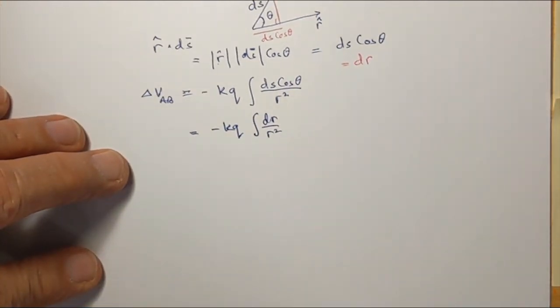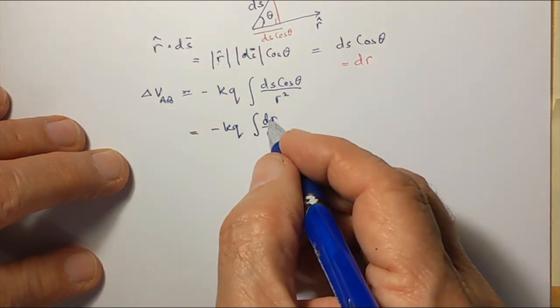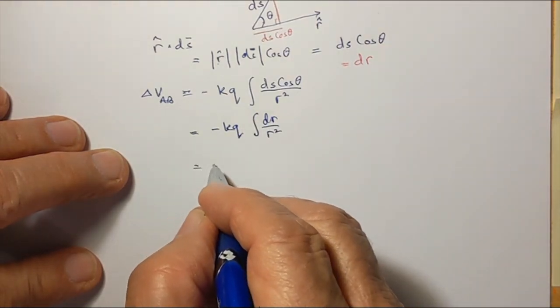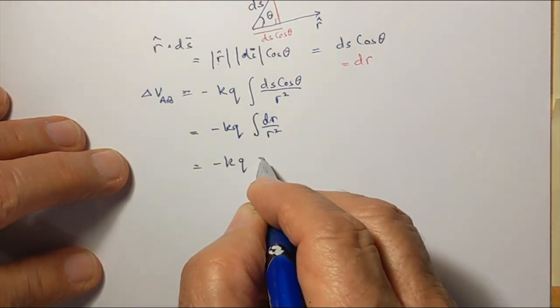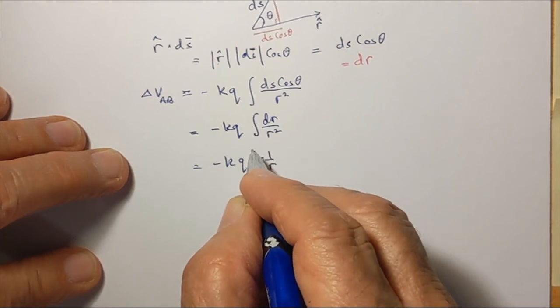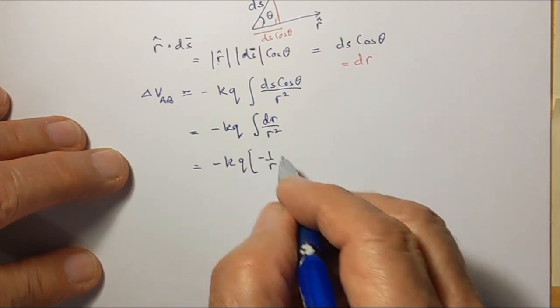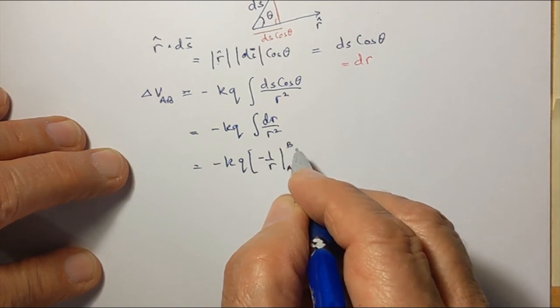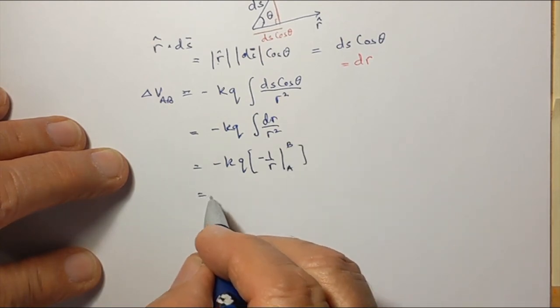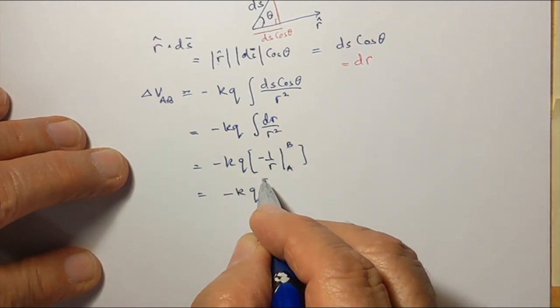Now the integral of dr over r square is simply minus 1 over r, and we have the limits from a to b, and that becomes minus kq.